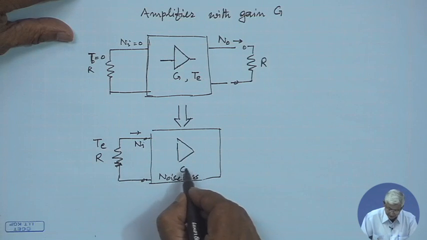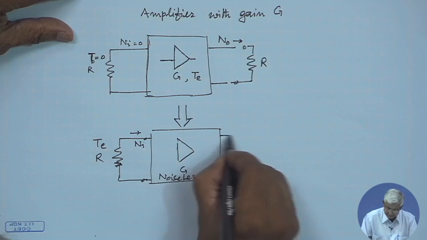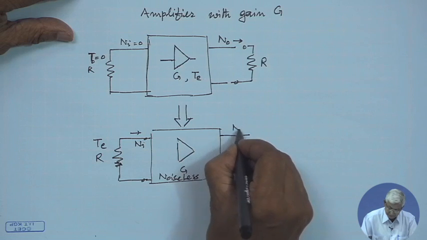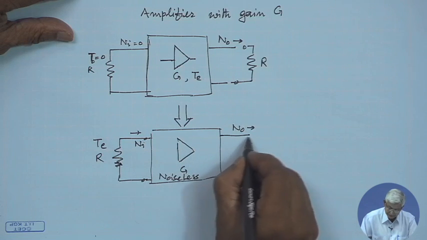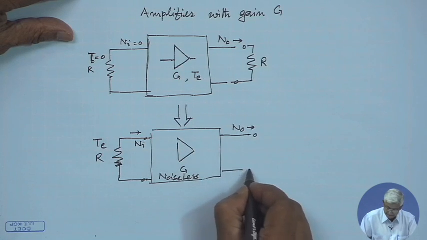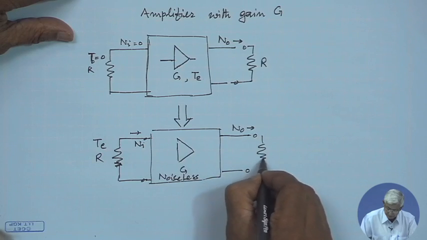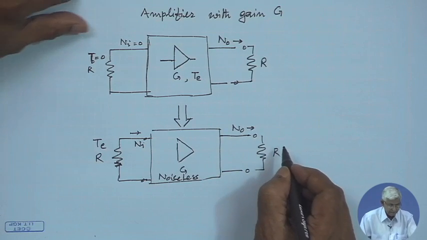And since this is noiseless, G times that input will come. So, output N0 will come out of this, which is connected to the load.